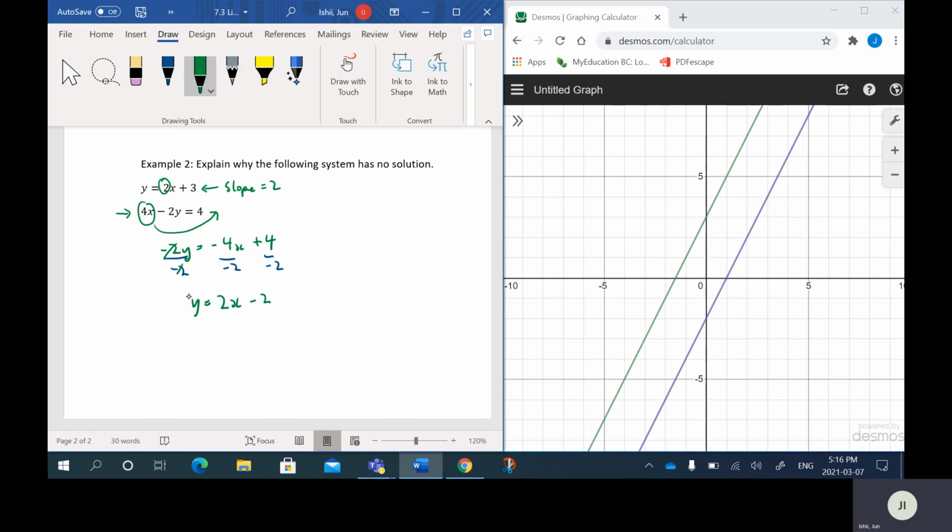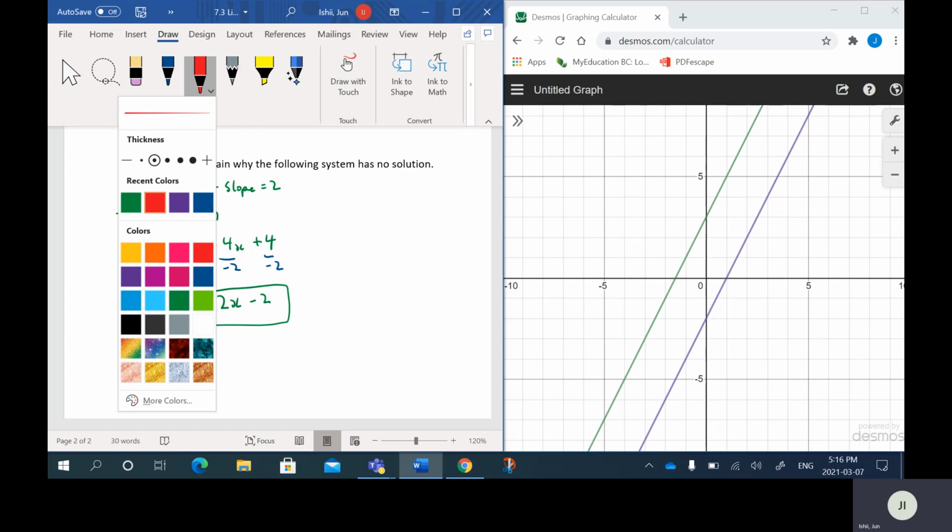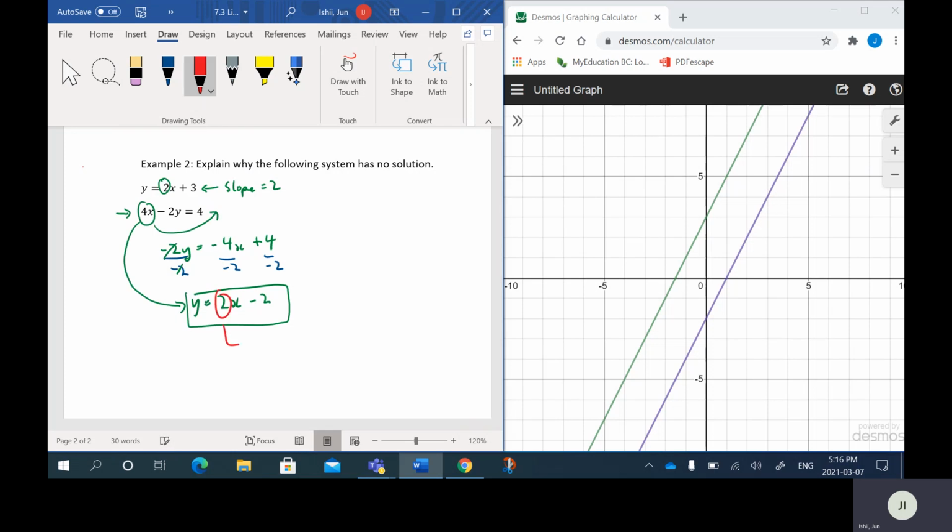So this is the second one converted to slope-intercept form. And you can see that yes, we do have the same slope, a slope of 2. We also have a y-intercept of negative 2 here, and for the first one a y-intercept of 3.